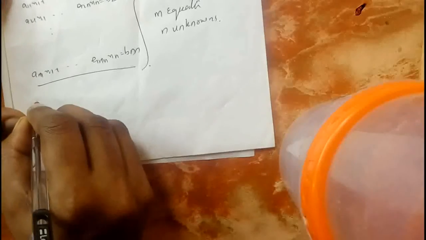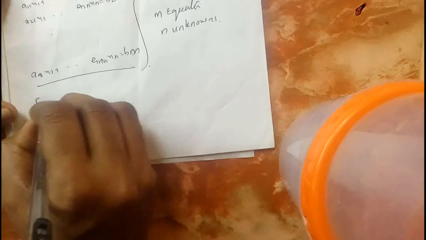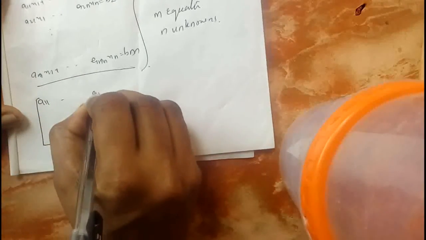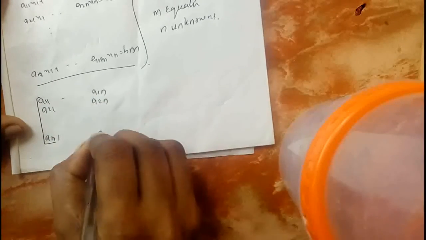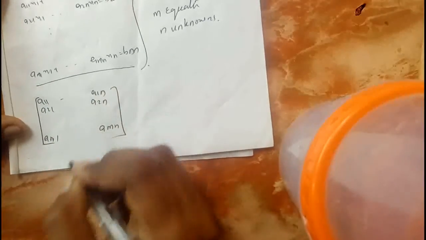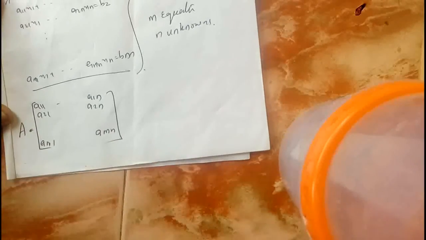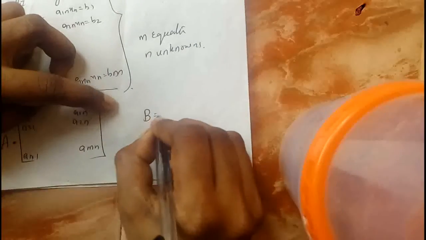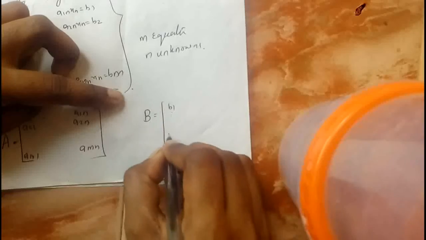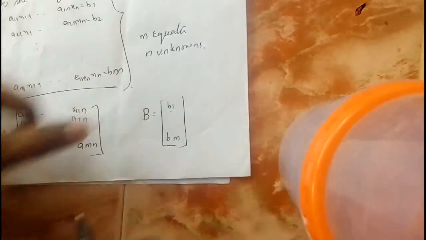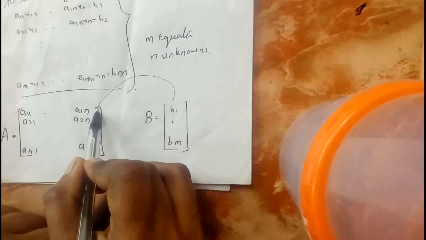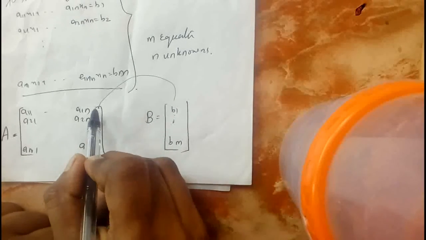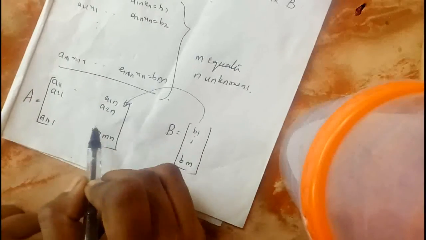So we can construct the coefficient matrix a11 etc. a1n, a21 etc. a2n, etc., am1 etc. amn. And the constant matrix B is b1, b2, etc. bm. This constant matrix we place on the right side of the coefficient matrix.